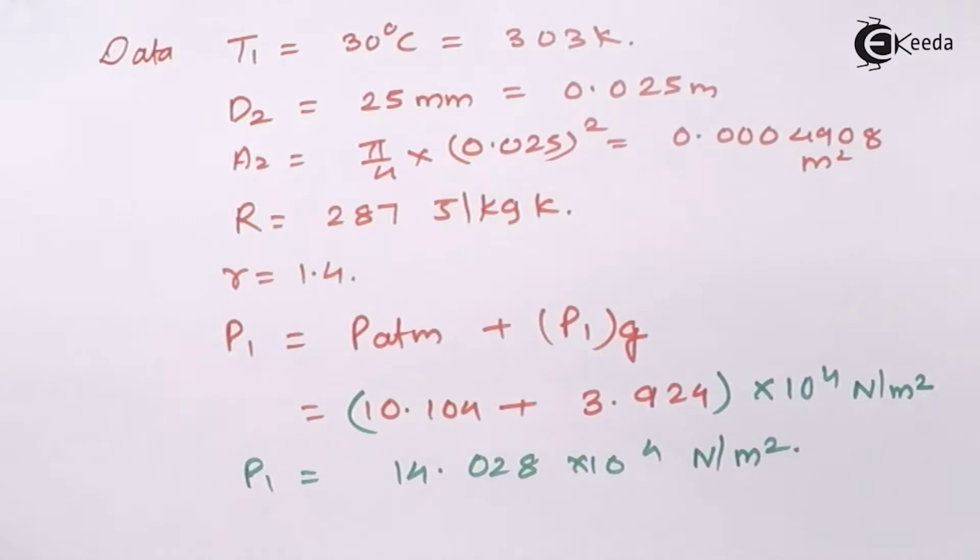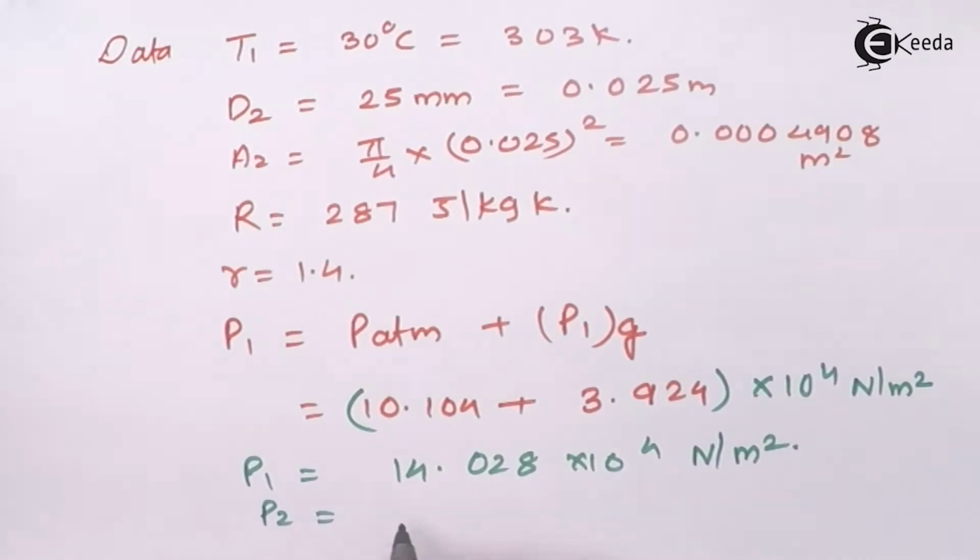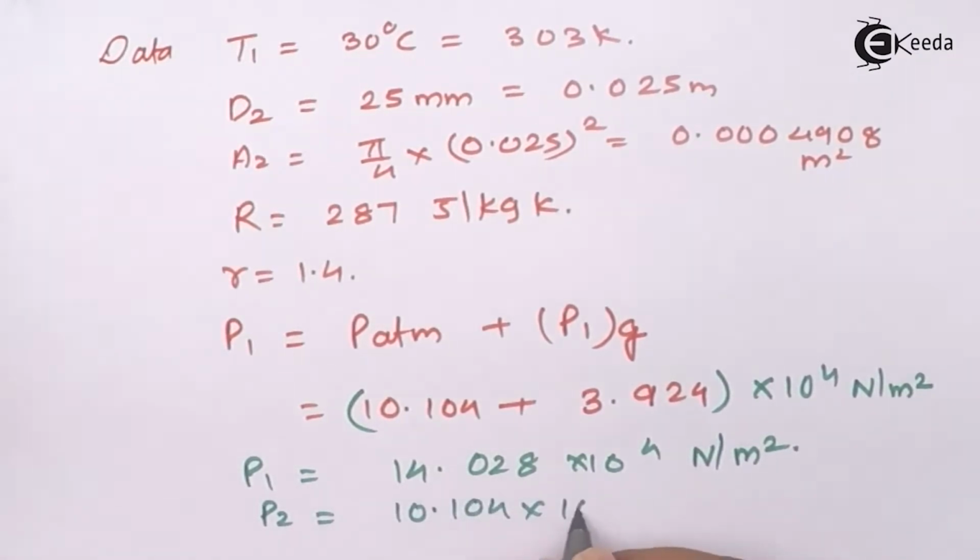Now as the air exits from the tank, the outlet is exposed to the atmosphere. Since it is exposed to the atmosphere, the only pressure acting on the fluid traveling through the nozzle is the atmospheric pressure. Hence we can write P2 is equal to 10.104 into 10 to power 4, because P atmosphere is equal to P2.